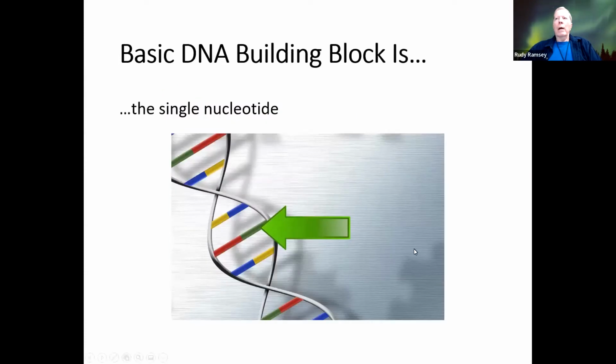The basic DNA building block for any of these kinds of DNA, not mitochondrial, but the autosomal, X and Y, is the single nucleotide. And that's the first of a number of technical terms that I'm going to have to use, but you're going to hear me say over and over, don't let that term intimidate you. A single nucleotide is one place on the chromosome. That's all it means.